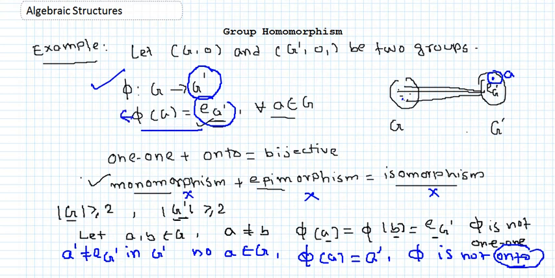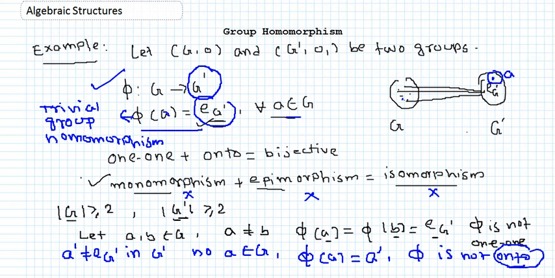Remember the name: each and every element of a group maps to the identity element of the group G'.